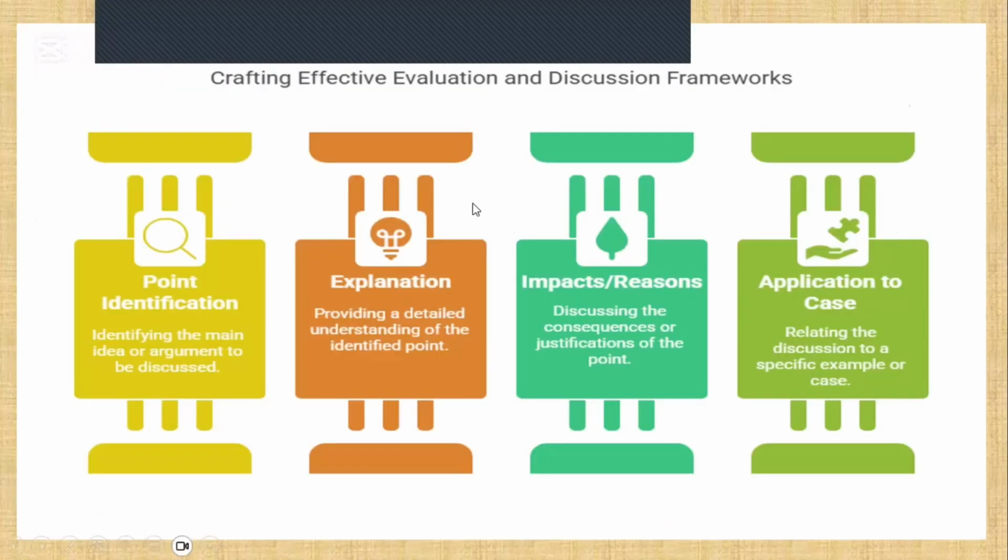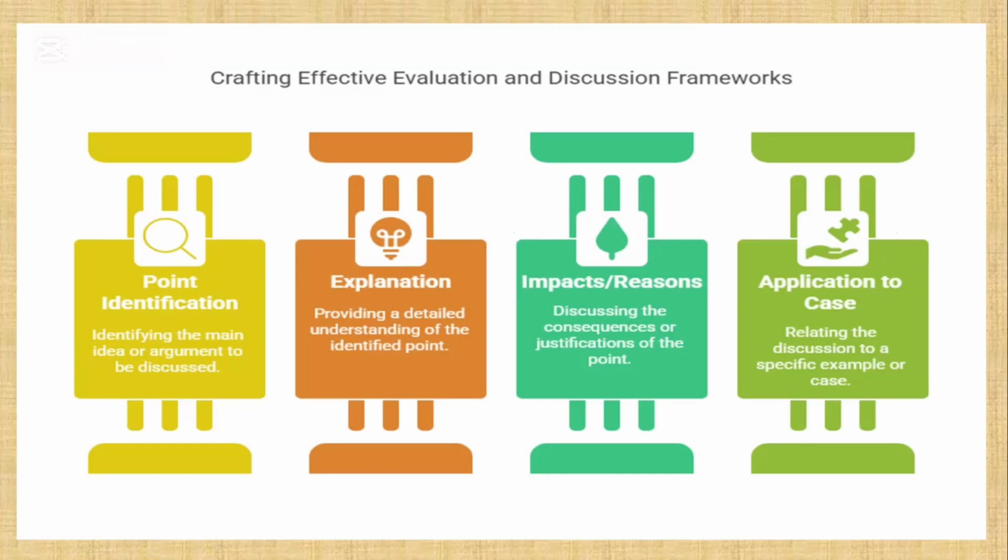We move on to the next one. And in this one, we are looking at our 4-mark questions. So with this one, what we try to look at is point, explain that point, impact of that point, but in this case we are looking at 2 impacts, or if the question indicates application to case, then you can put in 1 impact and 1 application.